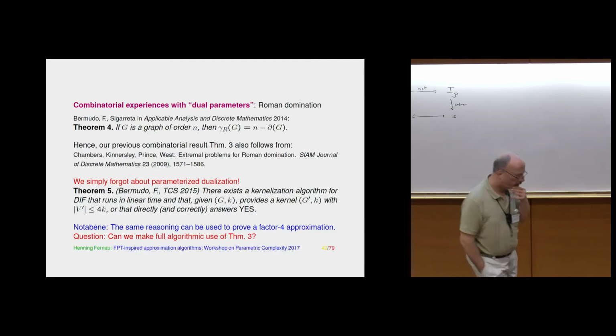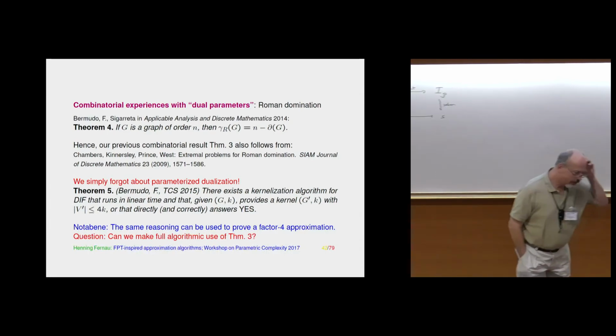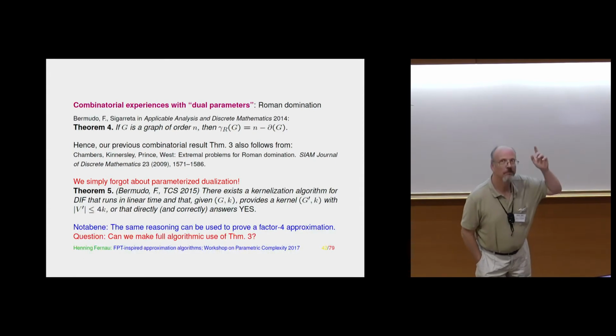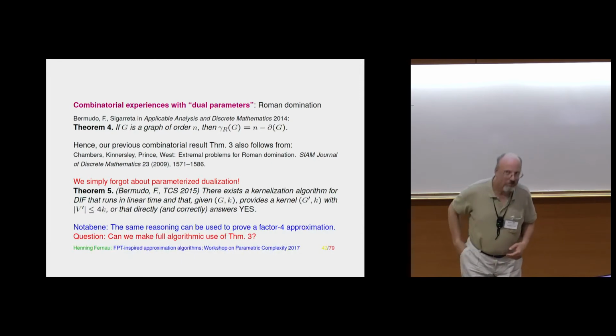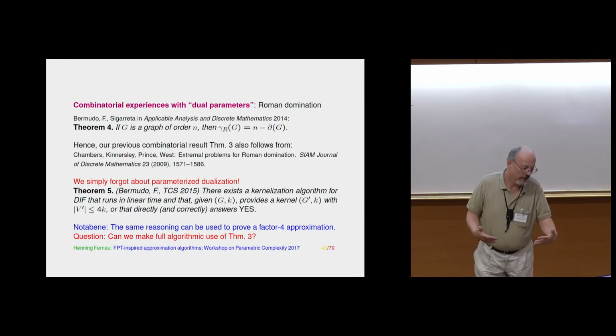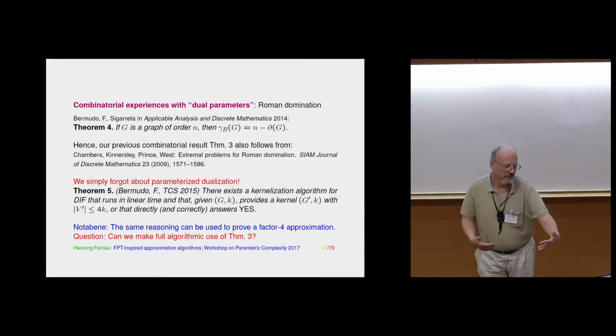And the funny thing is, that paper that I'm mentioning basically has this one theorem, plus a list of maybe 20 to 25 consequences. Basically looking at the previous literature and saying, okay, this was done for Roman domination.